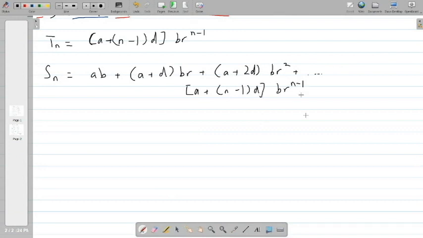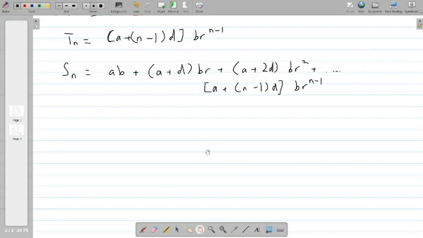Okay, so what are we going to do? Well, the way to find this is we're going to use the same trick that we did with the geometric progression, and we're going to multiply it by r. Right? And you're going to see why we're going to do this in a second.